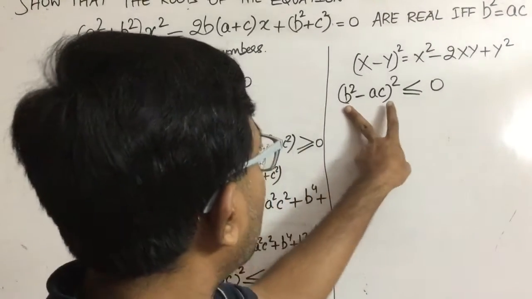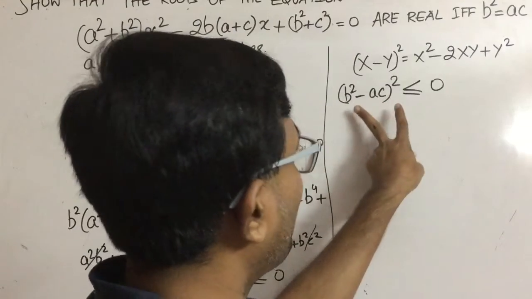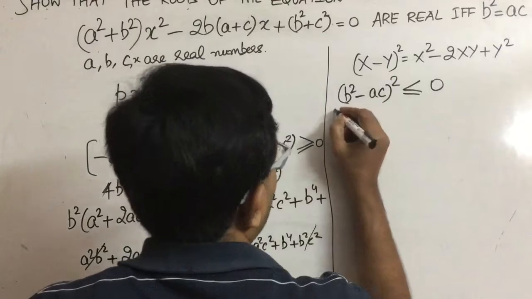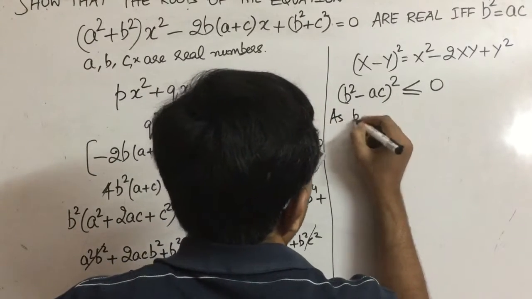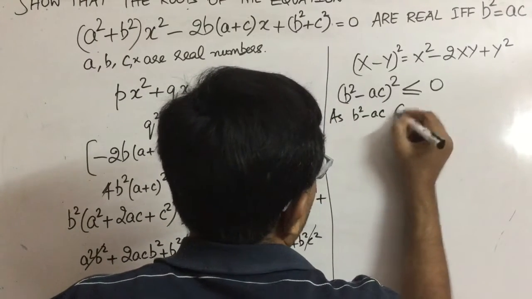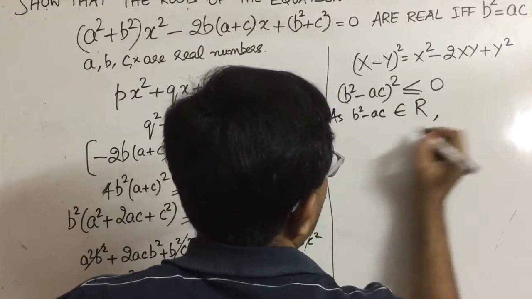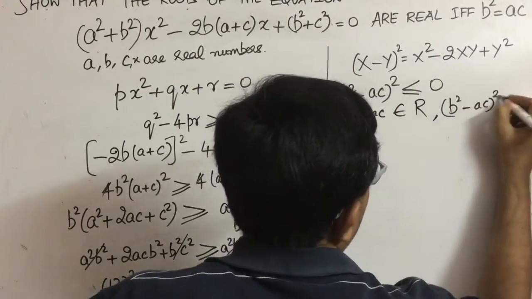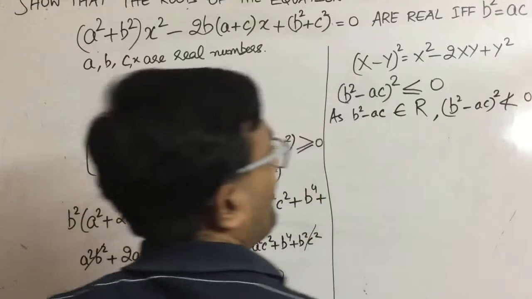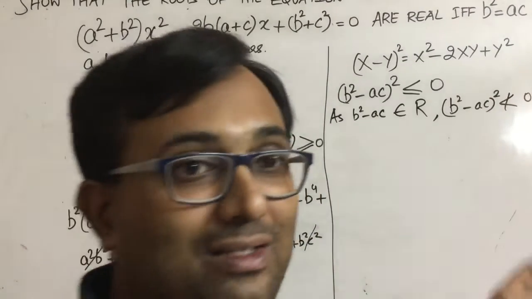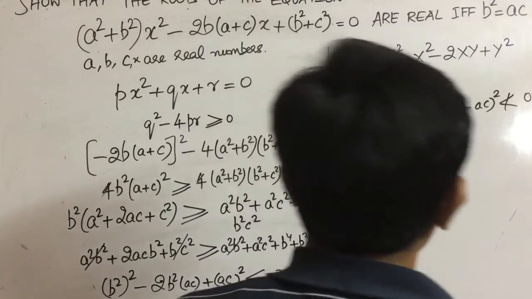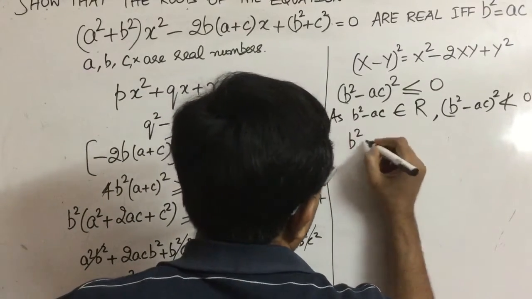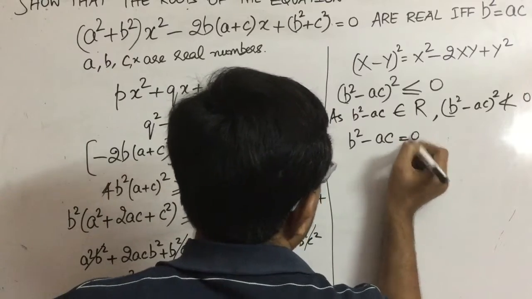So b squared minus ac being a real number, its square can never be less than 0. So b squared minus ac the whole squared can never be less than 0 for any real values of a, b and c. So the only possibility is that b squared minus ac is equal to 0.